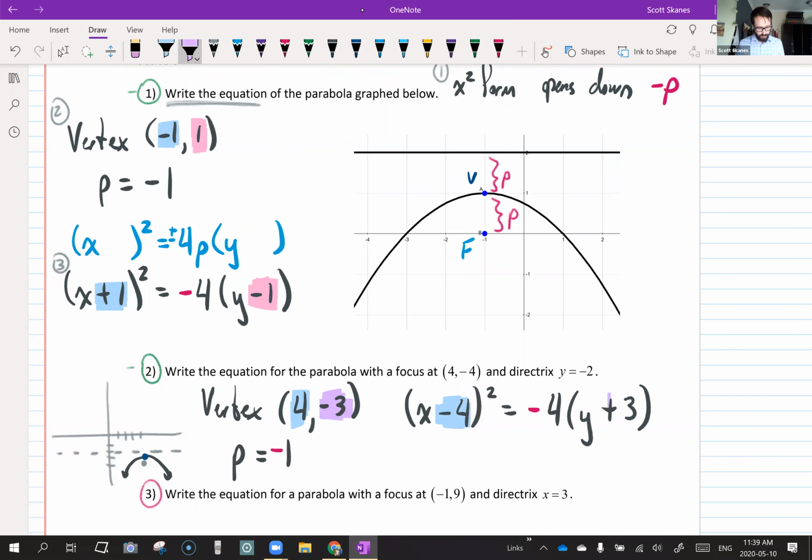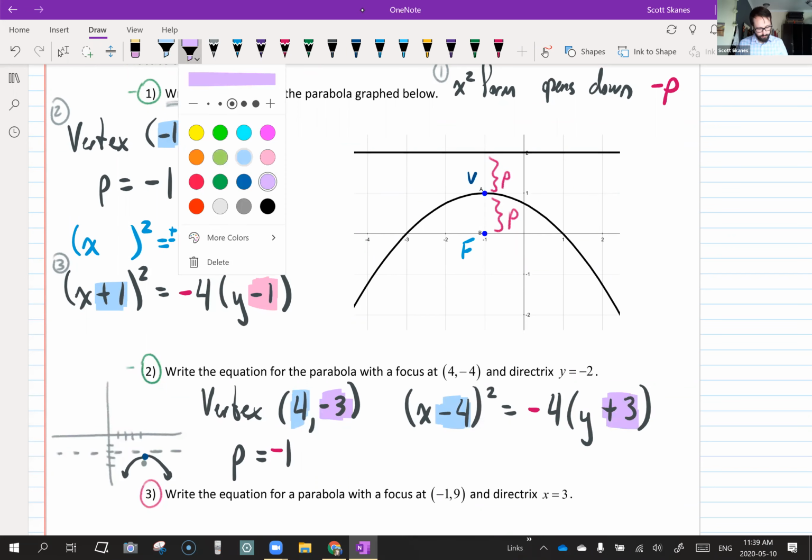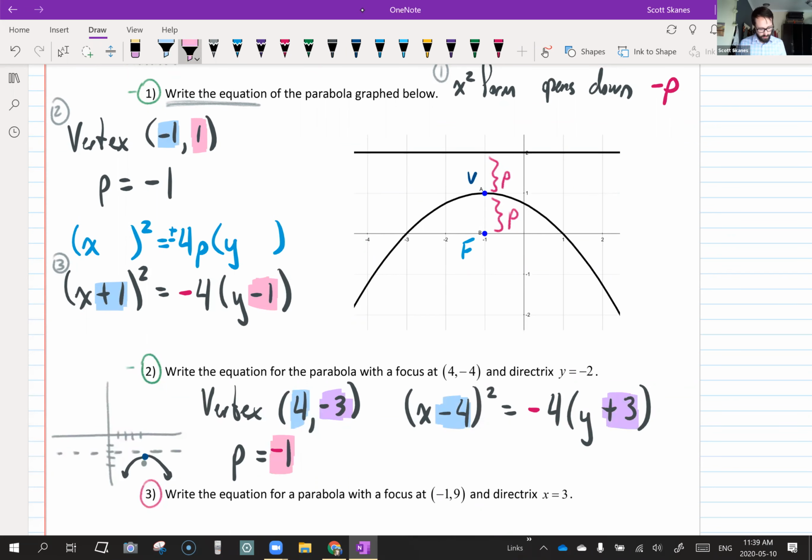Our vertex gave us this y value. And finally, our p value, which we got from the graph, gave us this information. And remember, this is 4p.